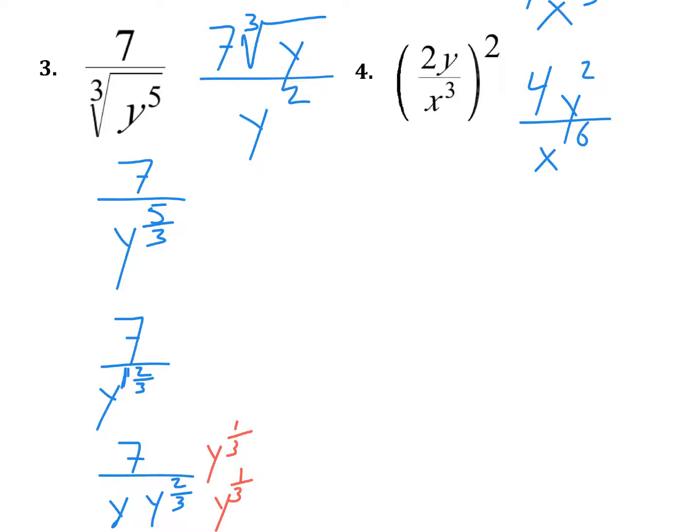This is the part that tends to mess with our heads a little bit. If you do that, that's where we get our cube root of y on the top. And on the bottom, 7 y to the 1/3, and then it's y times, then the 2/3 plus the 1/3 gives me 1, so that's y. So that's how we get the cube root of y on top and the y squared on bottom.